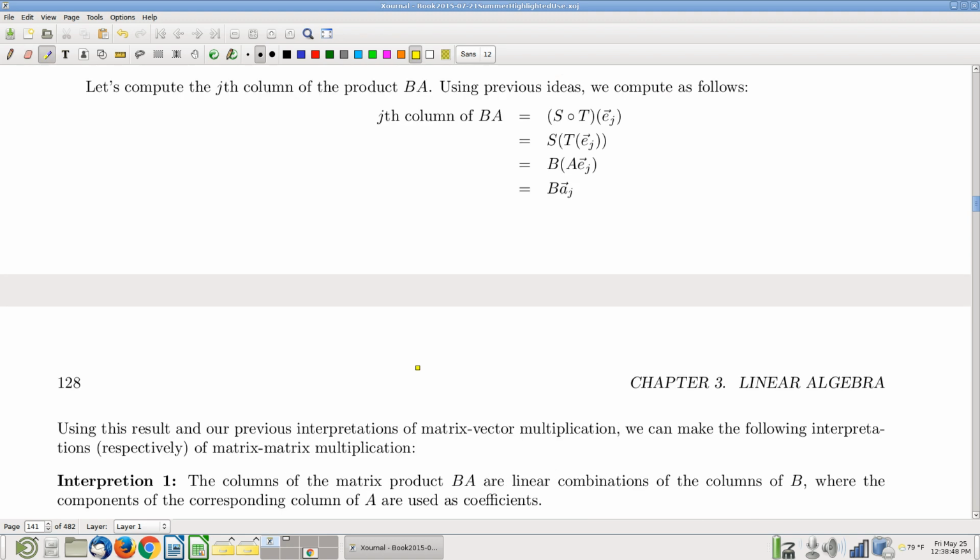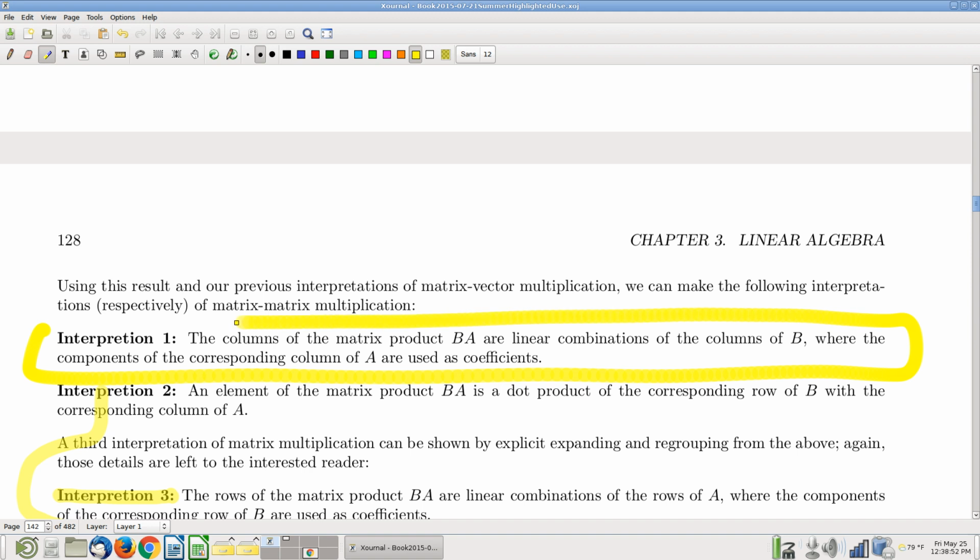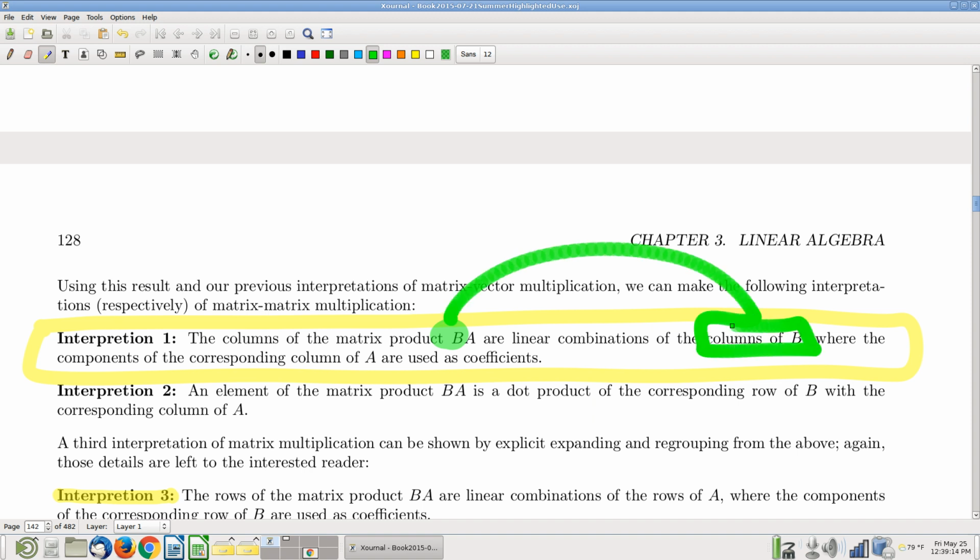Okay. All right. And that gives us our first interpretation. This is our primary way to think about how to multiply a matrix times another matrix. If you want to look at the product matrix BA, how do you compute BA? Well, we're going to take the left matrix. We're going to look at the columns of that left matrix.